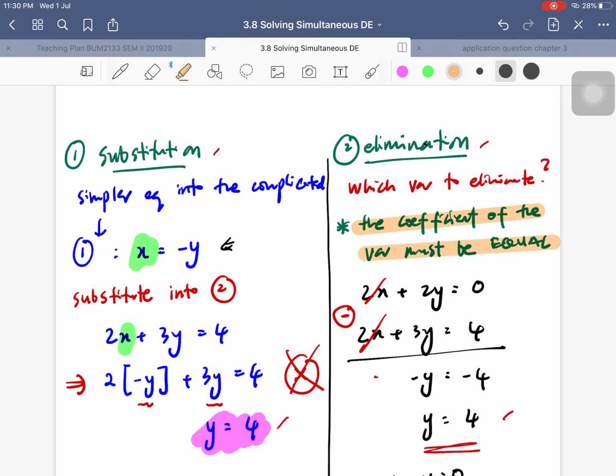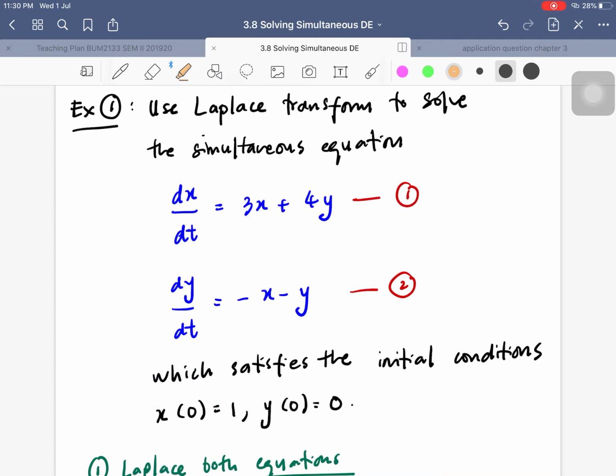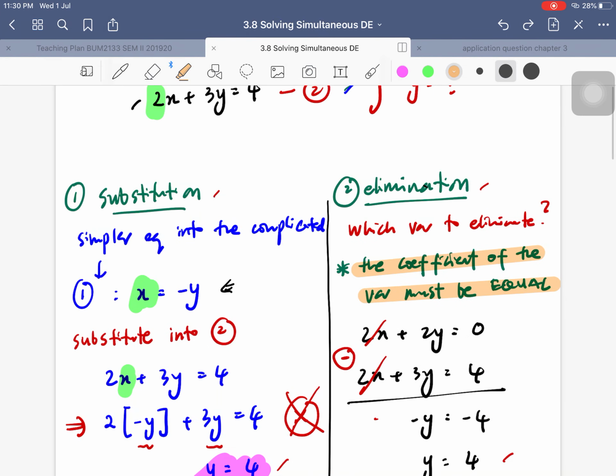The equation is not too long, the terms will not really be that fancy, and substitution or elimination are both possible. But as you go to second order differential equations, like the equation over here, which is no longer first order but second order, automatically it's going to be more complicated. I noticed that there is a higher chance for you to get it right by using elimination compared to using substitution.